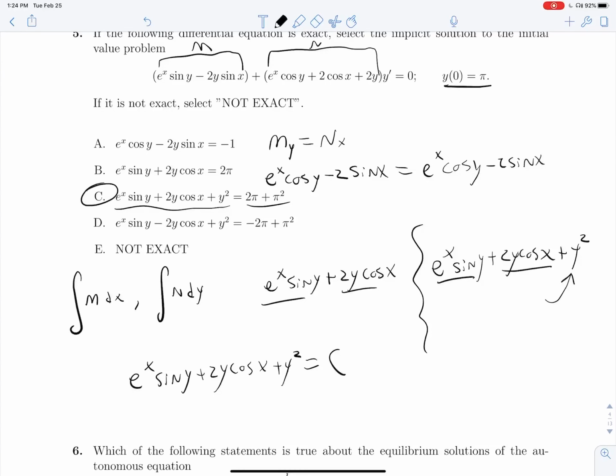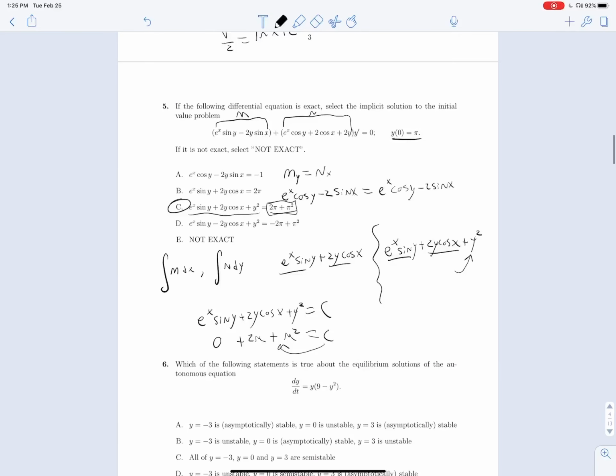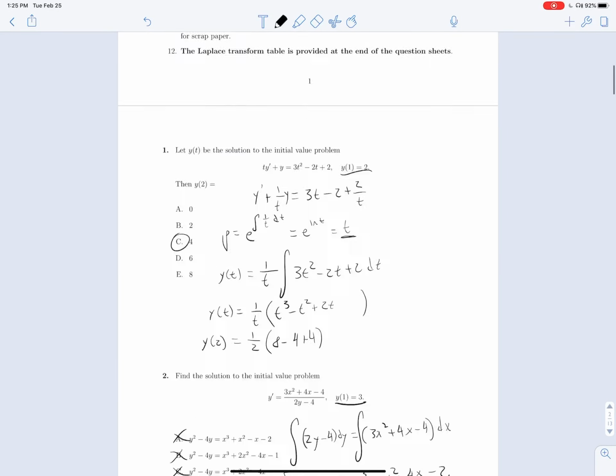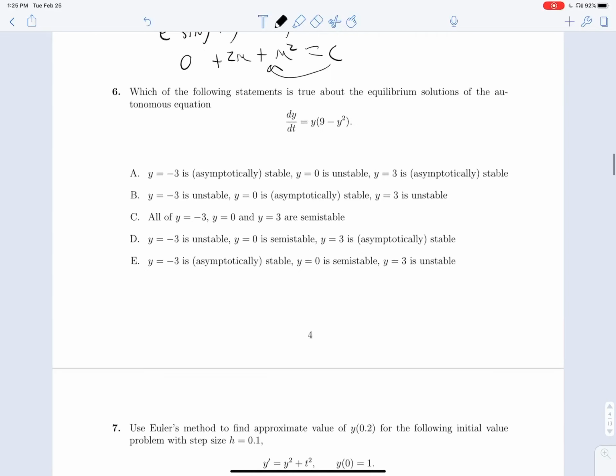That will give us e to the 0 sine pi, which is 0, plus 2 pi cosine 0, which is 1, plus y squared, which is pi squared. So that's where they're getting their 2 pi plus pi squared from. And all this, of course, is equal to c. So c, in the end, is our correct answer for question 5.